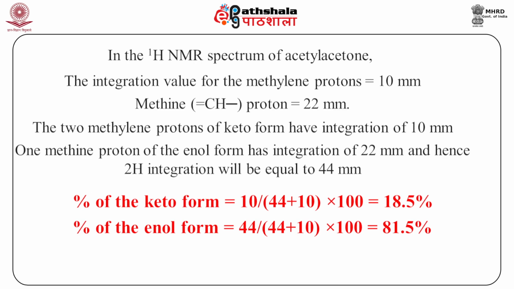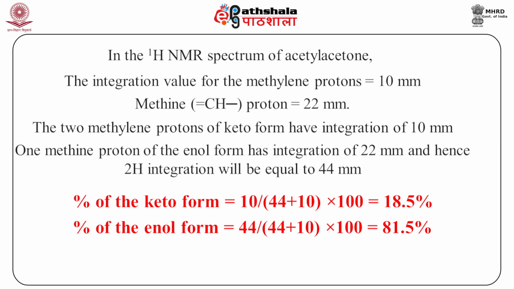In the proton NMR spectrum of acetylacetone, the integration value of methylene protons was found to be 10 mm, and that for the methine, that is the double bond CH proton, was found to be 22 mm. The two methylene protons of the keto form have an integration of 10 mm. One methine proton of the enol form has an integration of 22 mm, and hence two protons will have an integration equal to 44 mm.